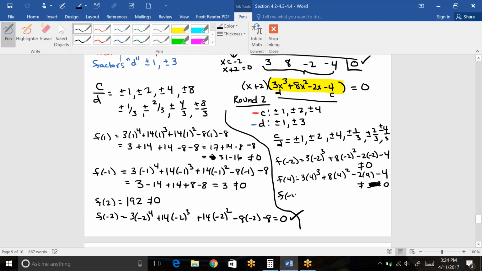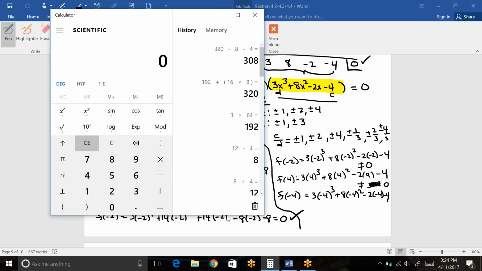So we'll try -4. That's 3 times -4 cubed plus 8 times -4 squared minus 2 times -4 minus 4. That is -64 times 3. Sorry, I put plus, times 3.